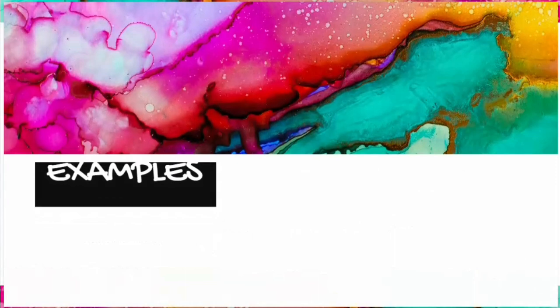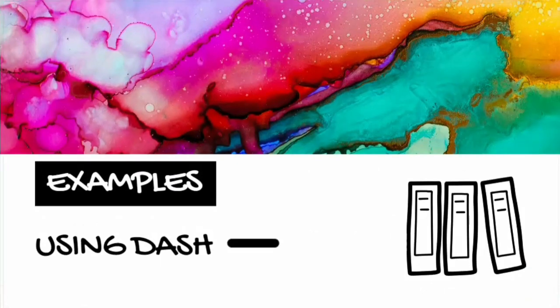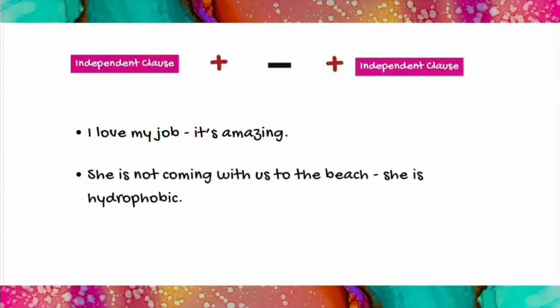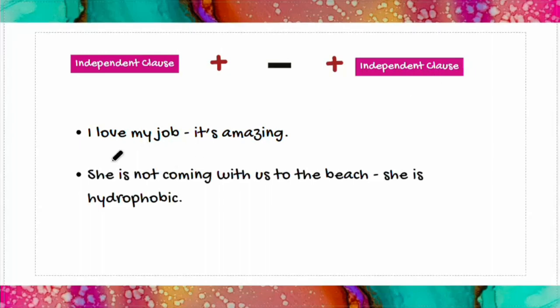Let's find out the last structure that I'm including in this video, which is using dashes to make compound sentences. So the structure says independent clause, dash, another independent clause. Example is, I love my job, complete sentence, a dash, it's amazing.